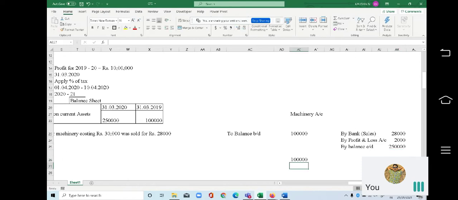Now where do you find the shortage? Debit side or credit side? Which side is there a shortage? Very good. So the shortage is in the debit side. What is the shortage amount?